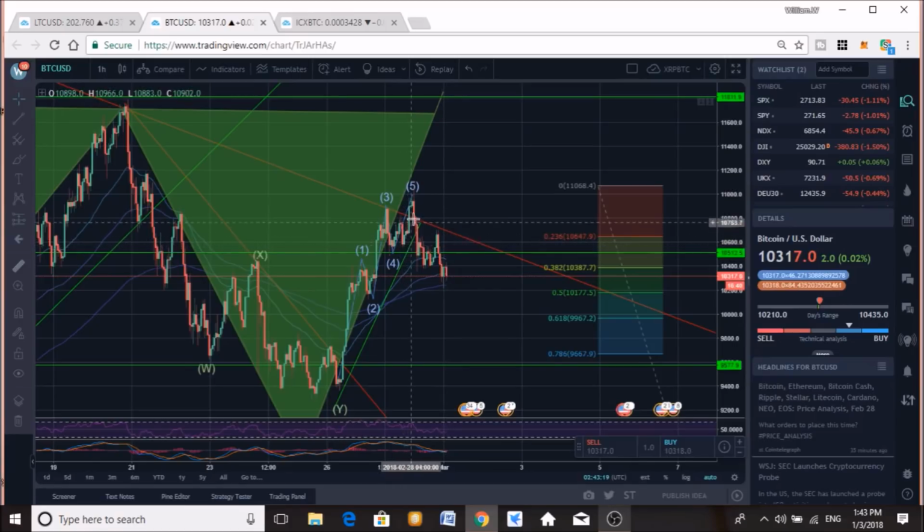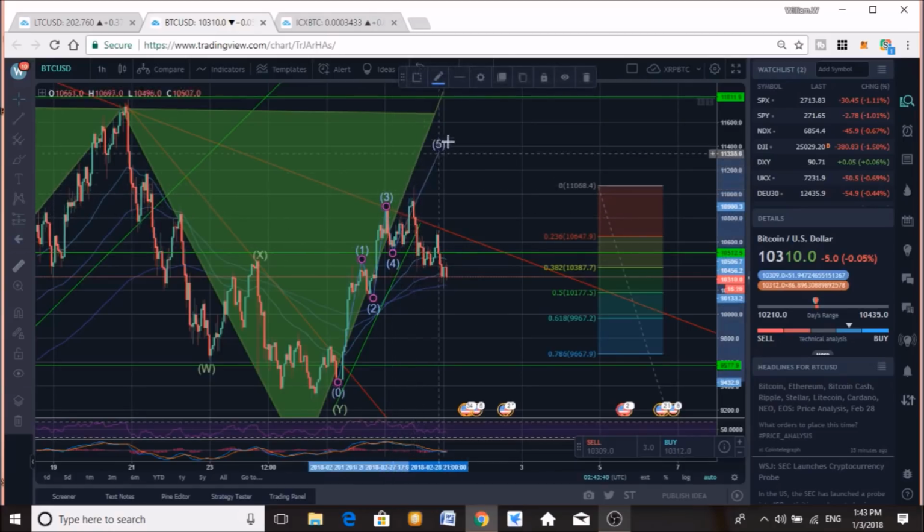Of course, when Bitcoin is going to complete a 5-wave impulse, it's going to either go up or down at the resistance level. We don't know if it's going to go up or down, and we don't know how long this 5th wave is going to be. This 5th wave might be well extended, and this 3rd wave might be well extended as well.